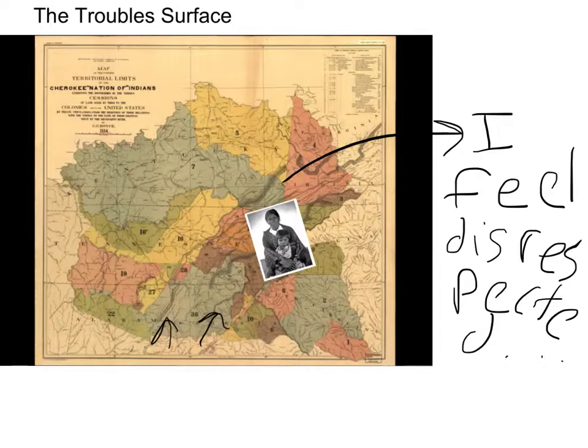This was especially bad because Georgia was violating the treaties that the United States and Cherokee Nation had made. It certainly didn't help that the President Andrew Jackson was pushing to have the Cherokee relocated farther to the west.